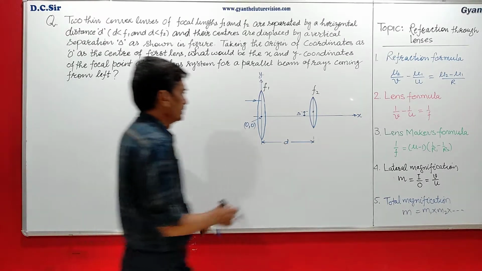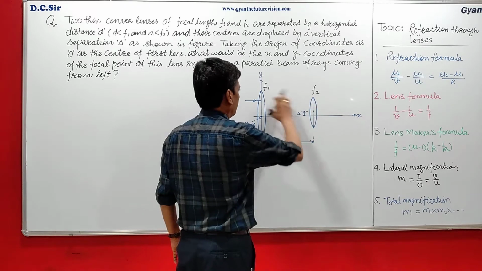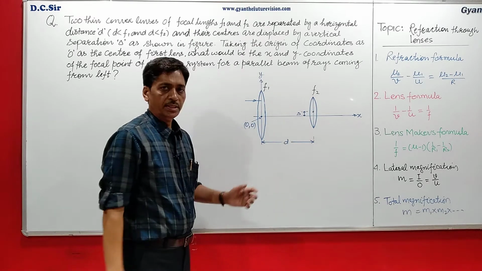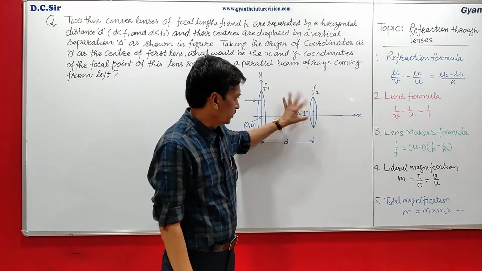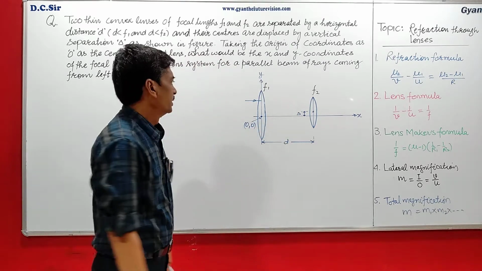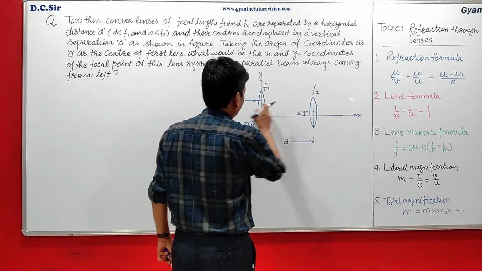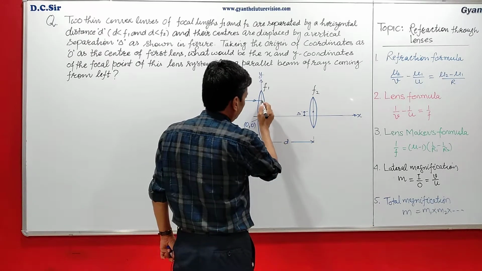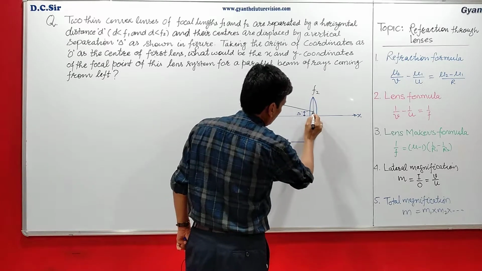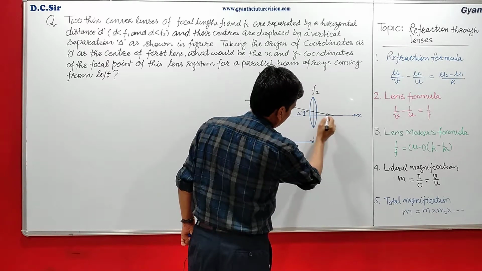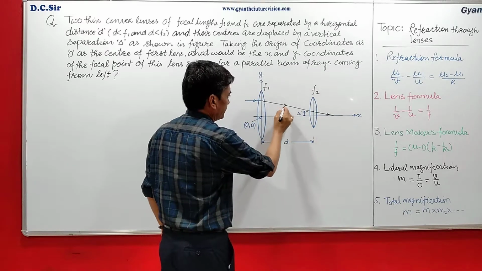Okay, so here, students, you have two lenses of focal length f1 and f2. They are separated by horizontal distance d and their centers are displaced by vertical distance delta. Now we can take this parallel ray. It passes through the optical center of the first lens, so it will go undeviated.